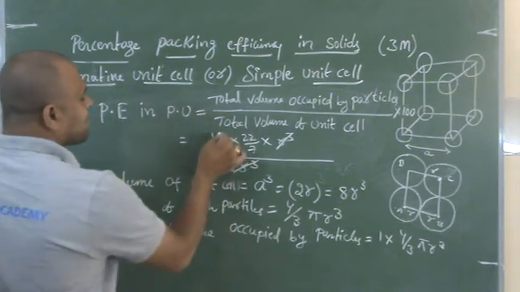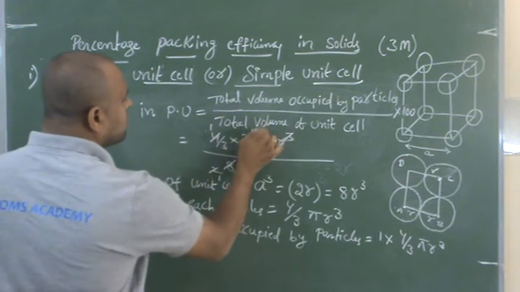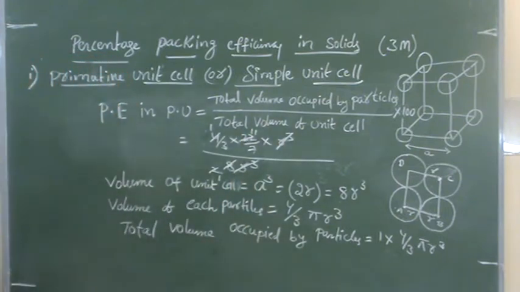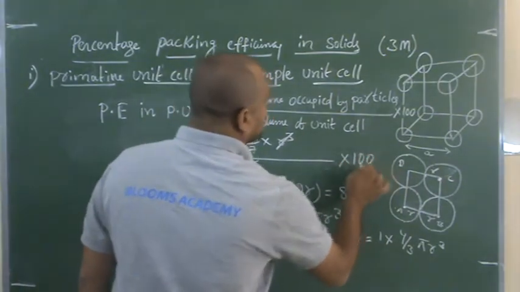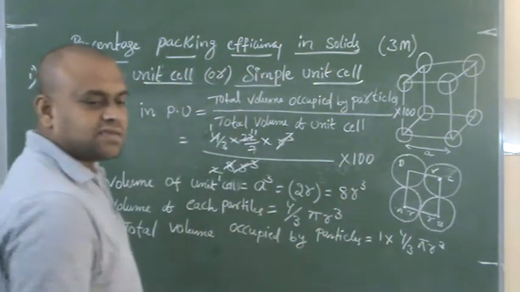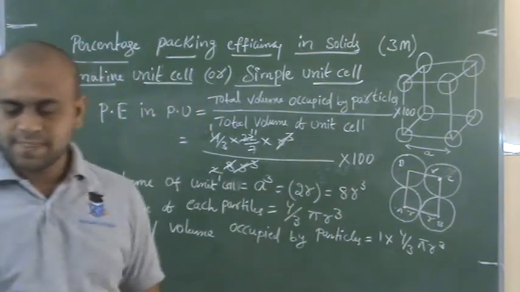R cube gets cancelled. Here don't forget to put 100, because percentage is always calculated for 100, right?